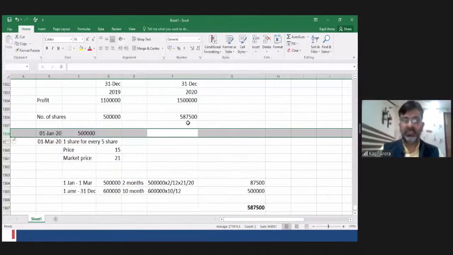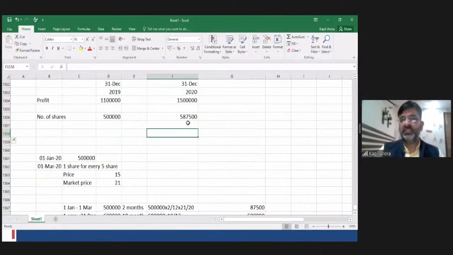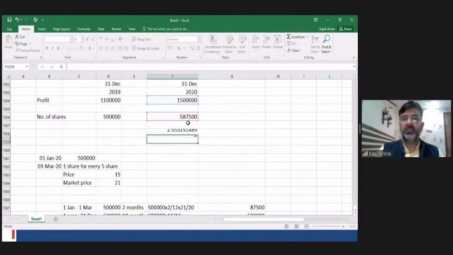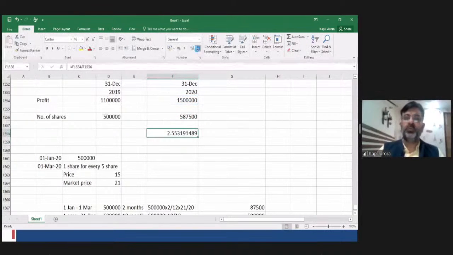And my EPS for this year would be 15 lakh divided by this, 2.55.